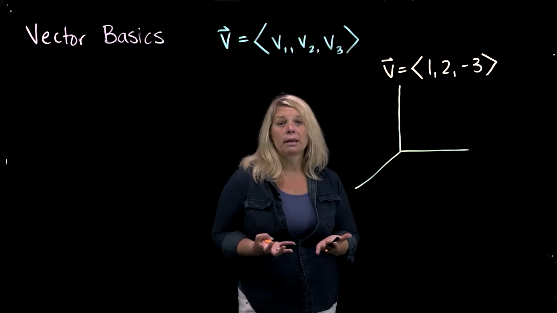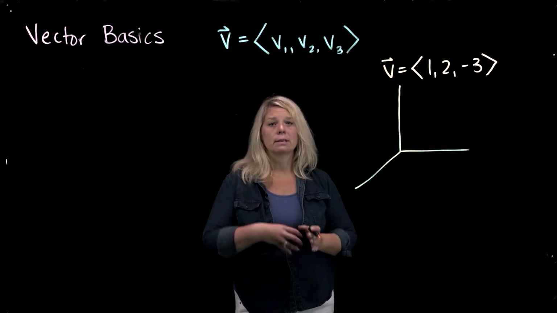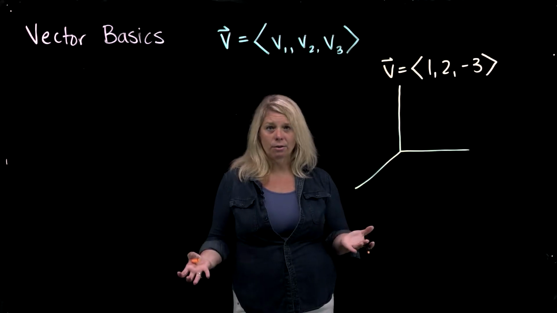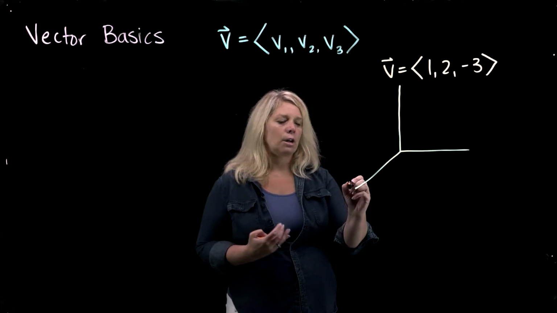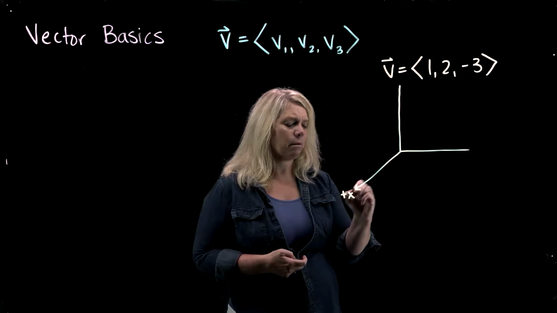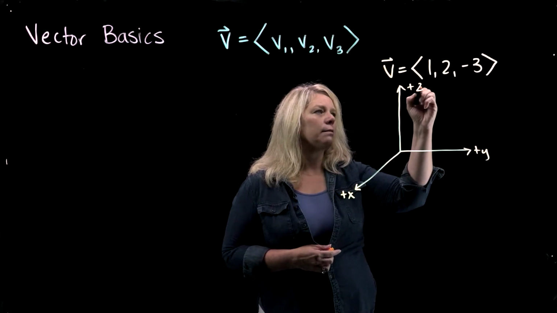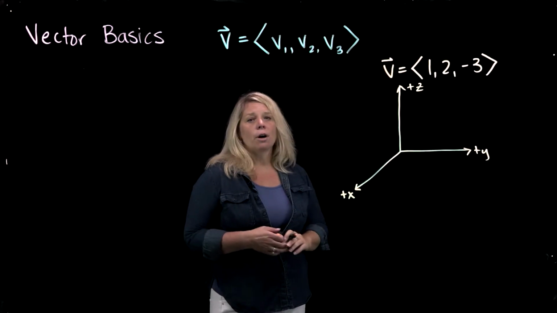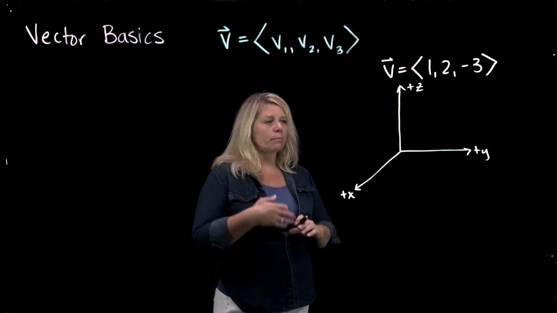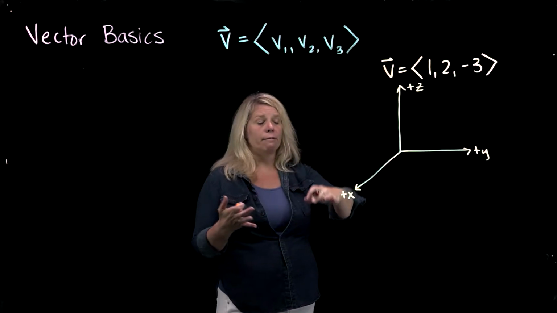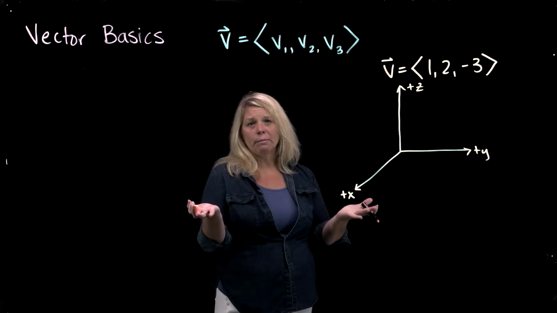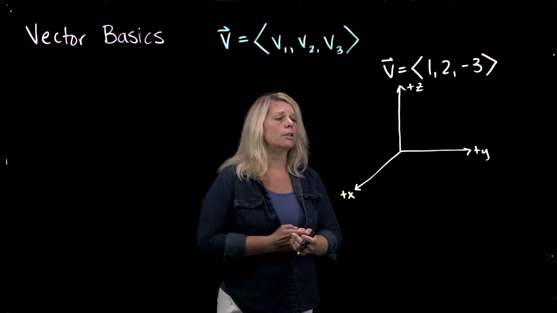Without labeling them, if you haven't labeled your coordinate system, I would assume that is standard orientation of the axes. So your positive x-axis would be forward, your positive y-axis would be to your right, and your positive z-axis would be up. If you want to label them, fine. If you haven't labeled them, then I would assume that this is the orientation you have.